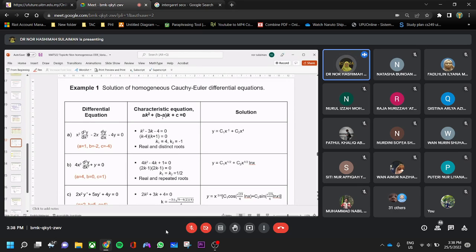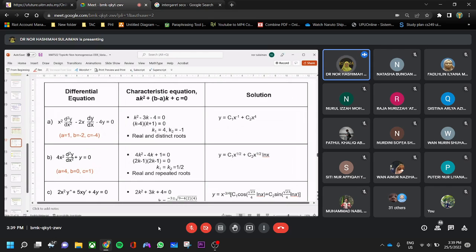B tolak A, jangan terus tukar direct, kena guna ni. B tolak A apa B? B negatif 2 tolak 1. Jadi apa? Negatif 3, betul? Negatif 3K. Tolakkan dengan apa? C sama dengan negatif 4. So dapatlah ni K kuasa 2. You all boleh salin lah K kuasa 2 tolak 3K tolak 4.